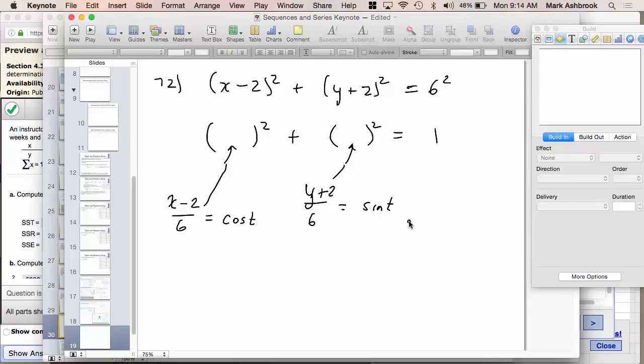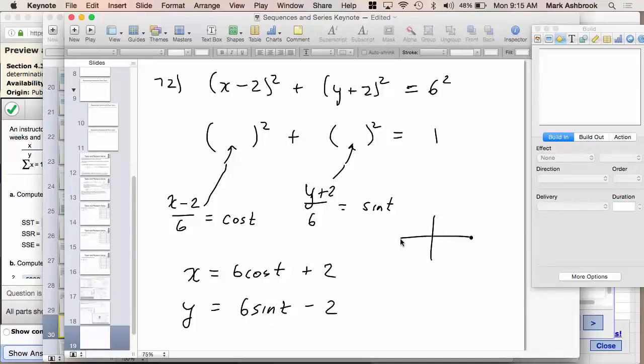Now we want to get the lower half of the circle. Oh, so now we have to define the function. So x is going to be 6 cosine t plus 2, and y will be 6 sine t minus 2. And if we want, at t equals 0, that's going to put us at 2, negative 2, radius 6, so something like this.